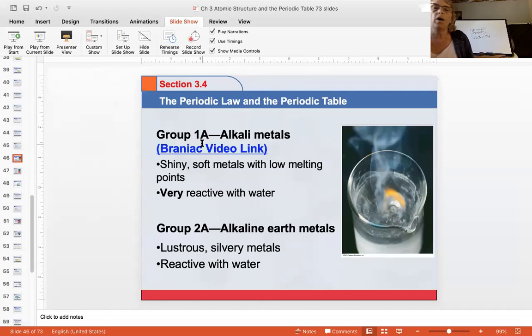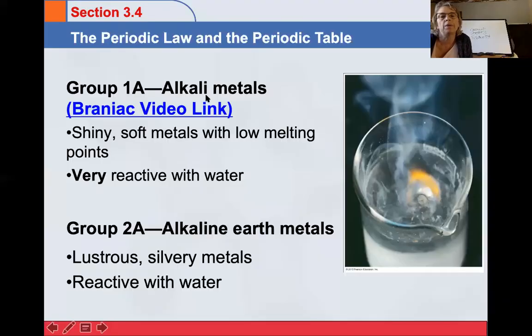So group 1A has a specific name called the alkali metals. This is a really funny video if you want to watch this video about the alkali metals. They are shiny and soft, and they are very, very reactive with water, and this video sort of shows that. Group 2A are called the alkaline earth metals.